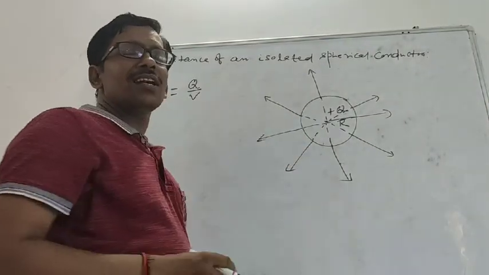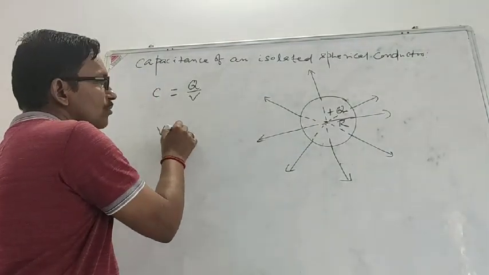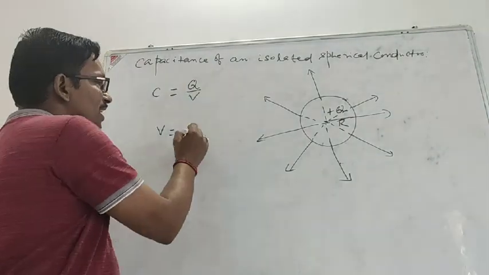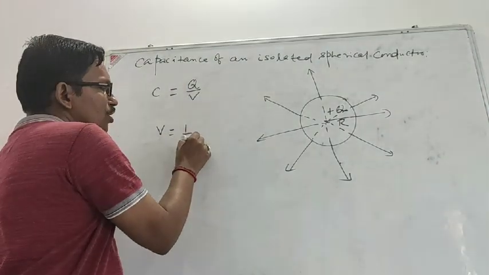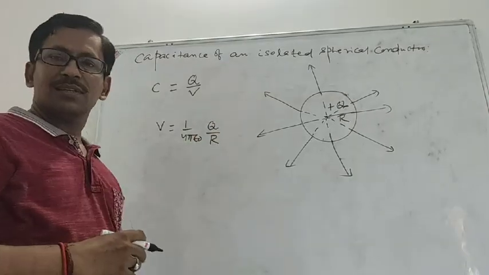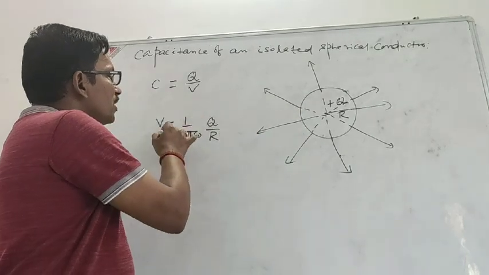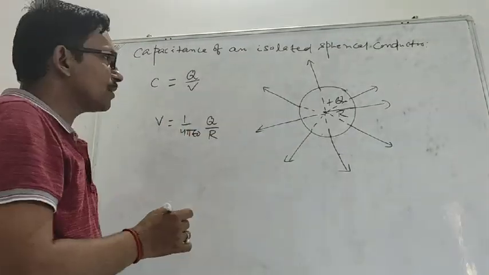Then what is the potential due to a spherical conductor? The V will be similar to a point charge, V is equal to 1 by 4 pi epsilon naught Q by R.